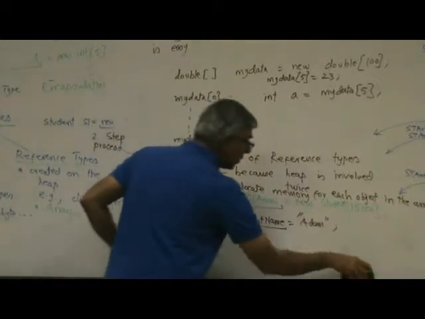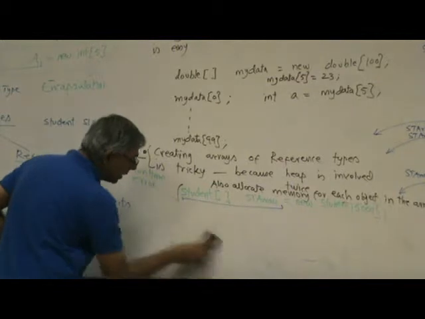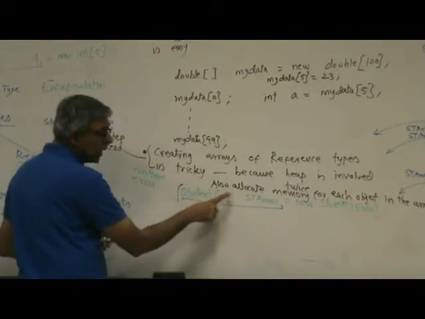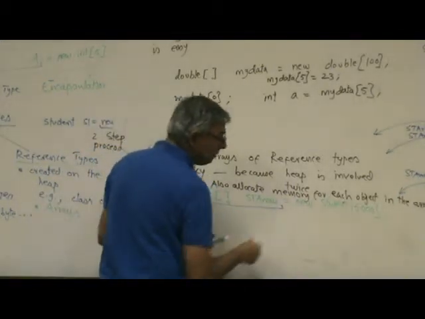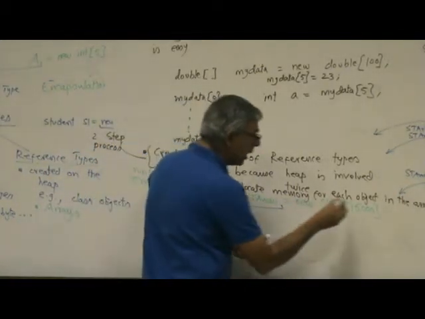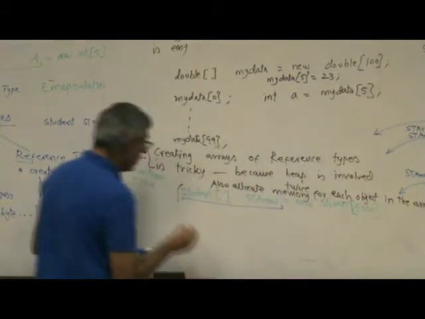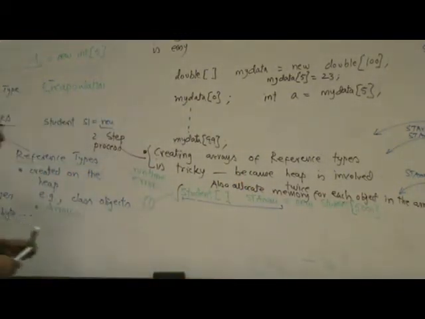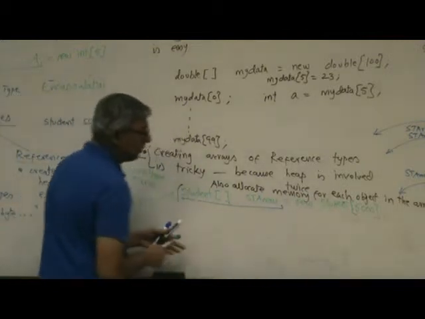So what's the proper way to do it? We'll write student st array equal to new student 5,000, if we wanted to allocate memory for 5,000. So this is our step 1. Then we have to allocate memory for each student over here.